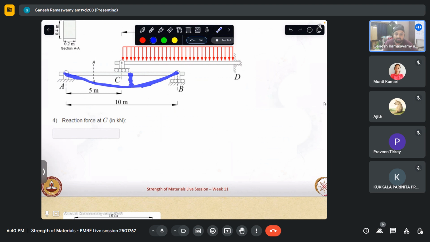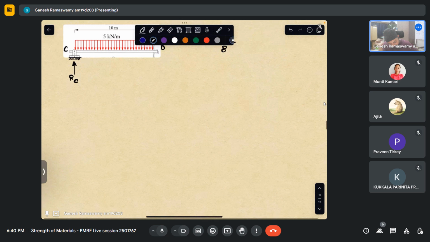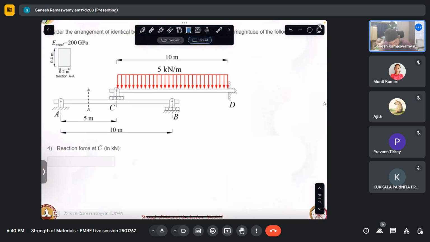It will not be 0, by virtue of this not being a solid floor but a beam. The beam would have some deflection. So, or rather let me take this beam first.